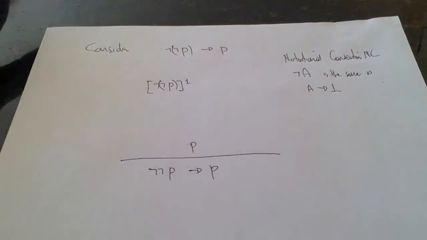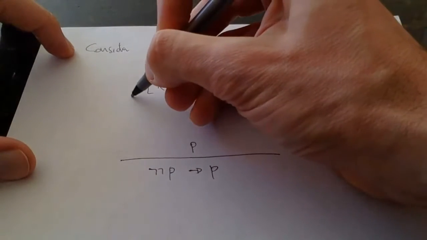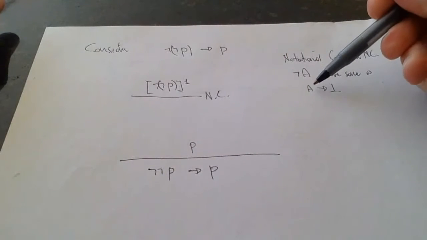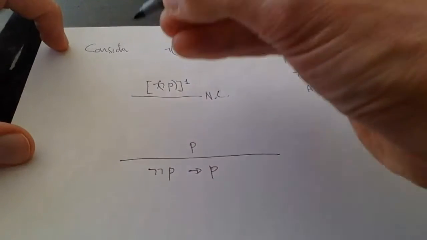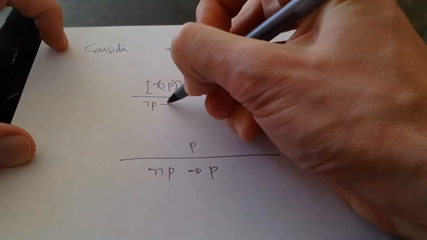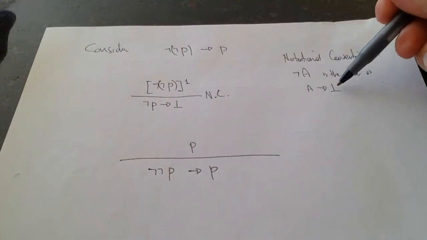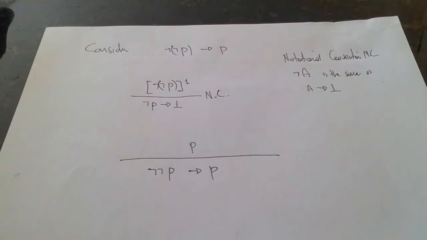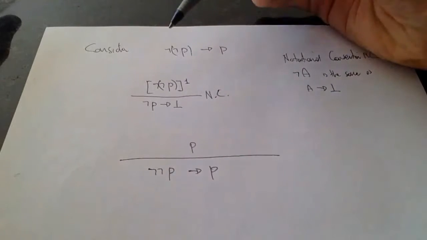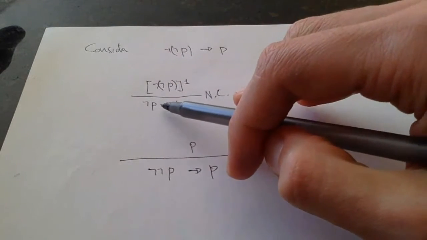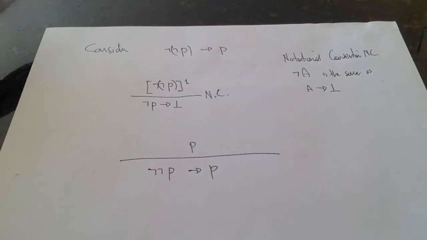It's a double negation, but you have first a negation and then a negation again. So by our notational convention, I can transform this formula into one of the form A implies the contradiction. So I can say not P implies the contradiction. You see that I removed one negation, and I turned that one negation into implies the contradiction.